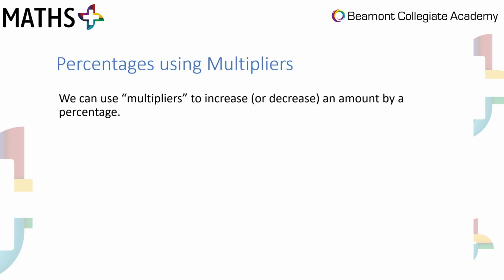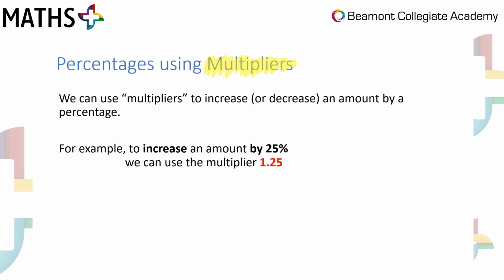Right, quick recap then about the idea of calculating percentages using what we call a multiplier. A multiplier can be used to either increase or decrease an amount by a percentage. So for example, if we want to increase an amount by 25%, then we use the multiplier 1.25.